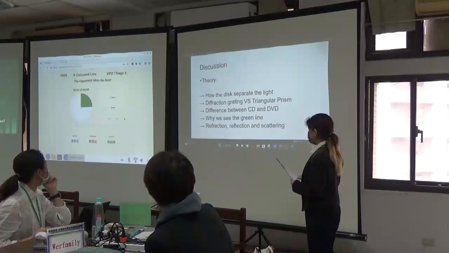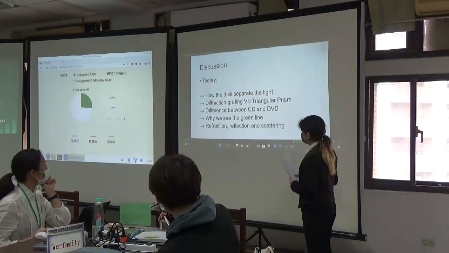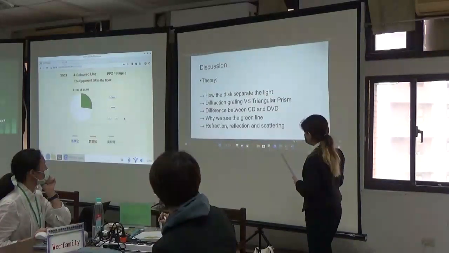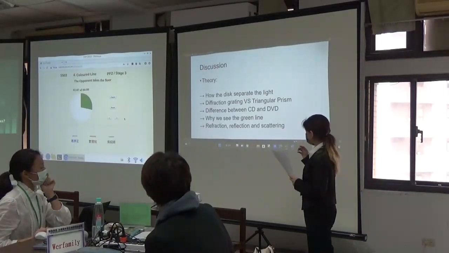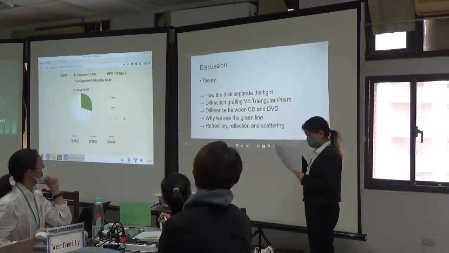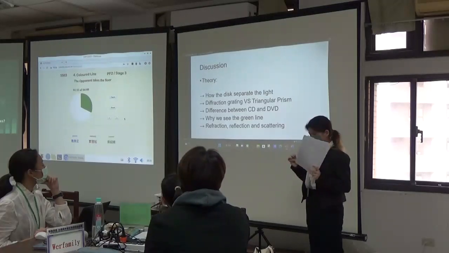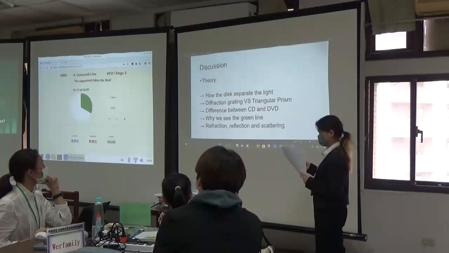And for the discussion, I think the importance of the theory, like how a diffraction grating and a triangular prism separate the light, because they look like they can both separate white light into a rainbow, but they are different.